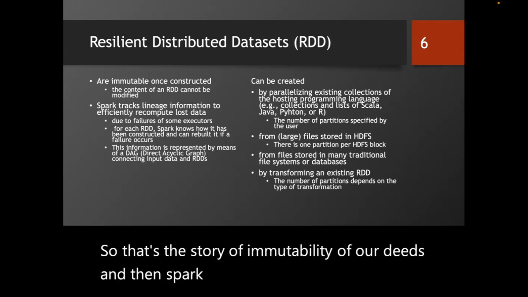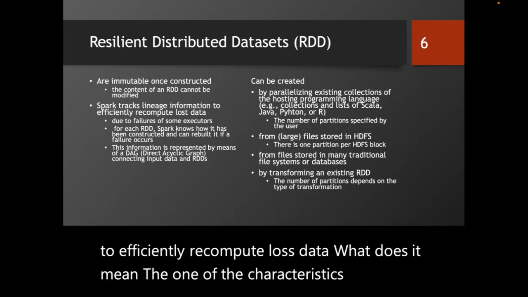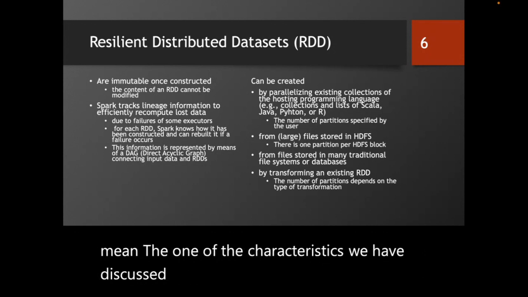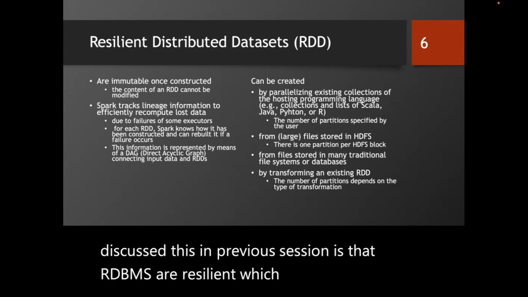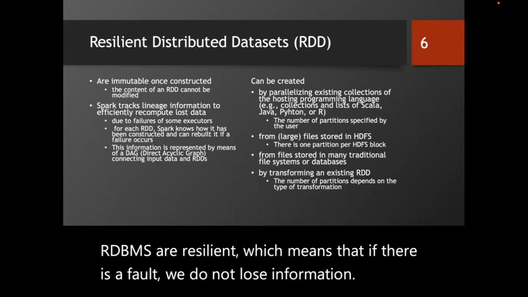And then Spark tracks the lineage information to efficiently recompute lost data. Now, what does it mean? One of the characteristics we discussed in a previous session is that RDDs are resilient, which means that if there is a fault, we do not lose information.